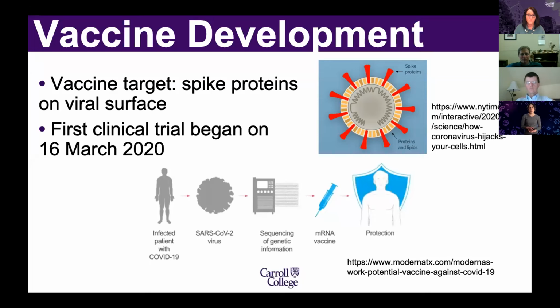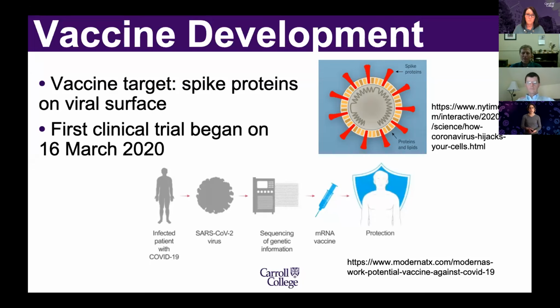This vaccine inserts into human cells via an injection the instructions for making that spike protein. And so the human cells that receive these instructions will make the spike protein as they would if they were actually infected with the virus.